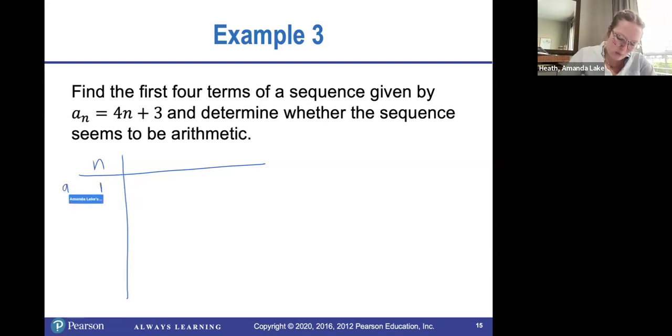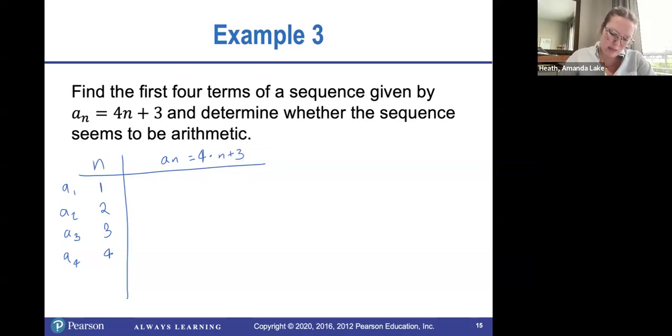So A1 is when n is 1, A2 is when n is 2, A3 is when n is 3, A4 is when n is 4, etc. And then a_n is given by 4 times n plus 3.